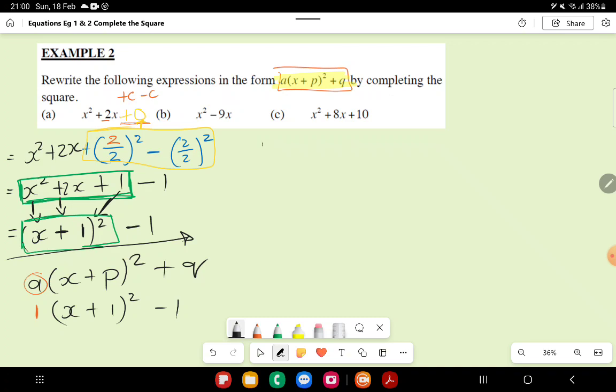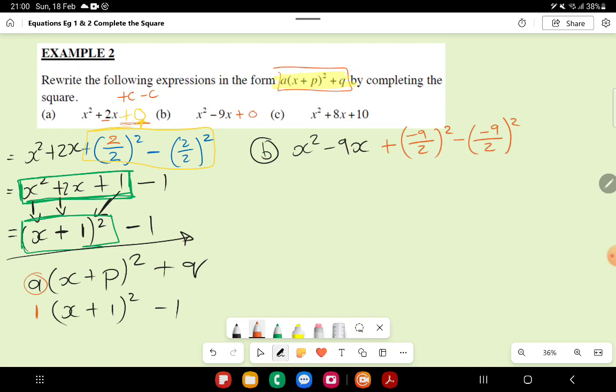Let's do question B. Question B says x squared minus 9x, and we are going to add c. So we're going to say plus negative 9 over 2 squared and minus negative 9 over 2 squared. Remember, the two orange ones end up being equal to 0, because it's actually plus 0.